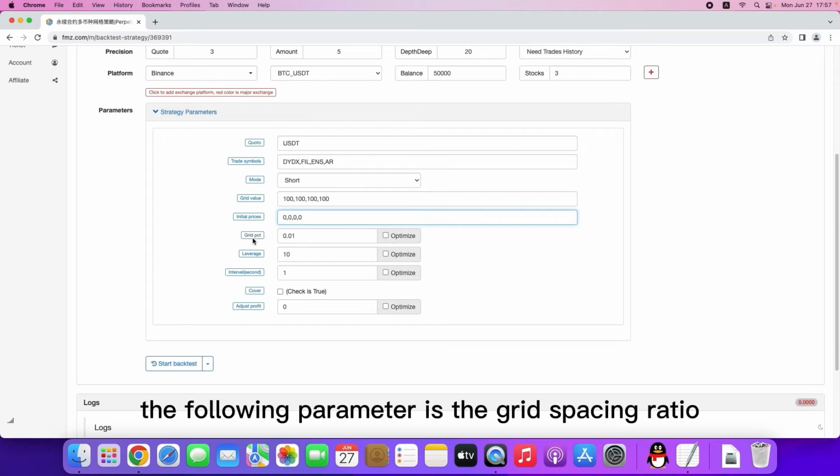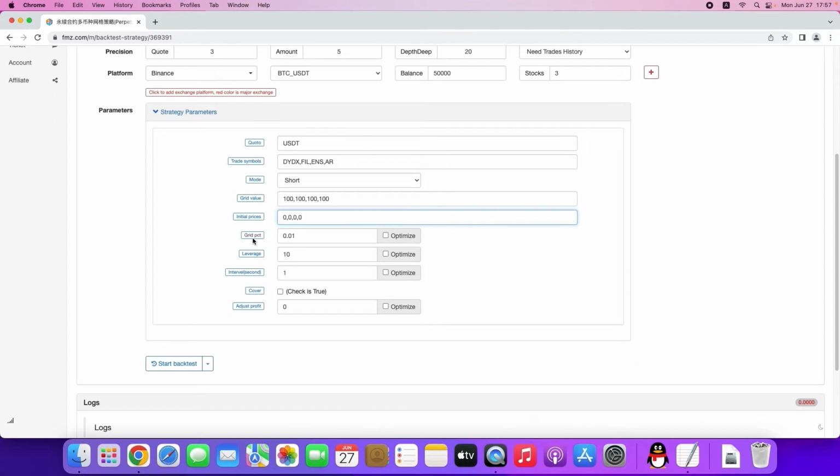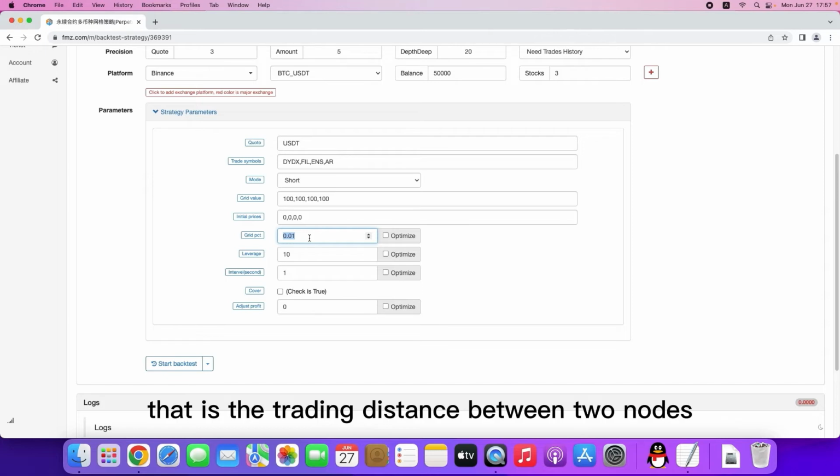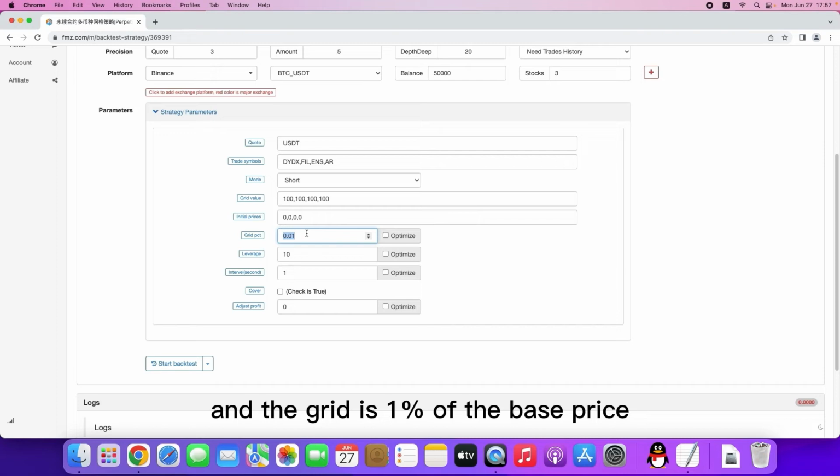The following parameter is the grid spacing ratio. That is the scale of the spacing between each node of the grid. For example, it is set as 0.01 here. That is, the trading distance between two nodes in the grid is 1% of the base price. This parameter is a unified parameter.